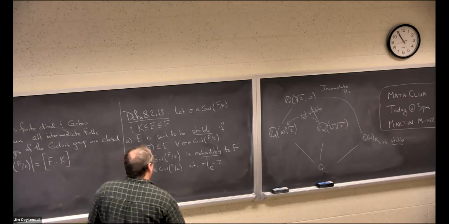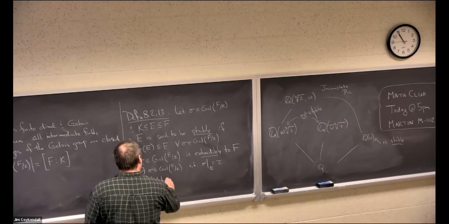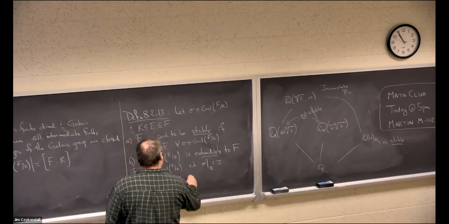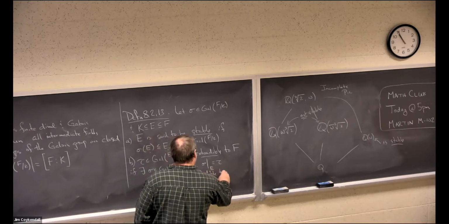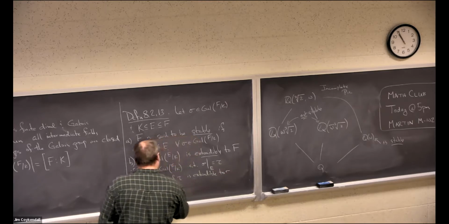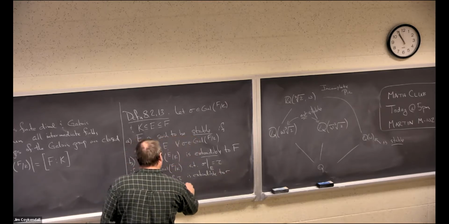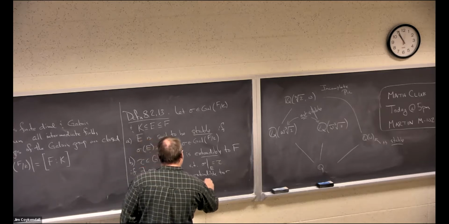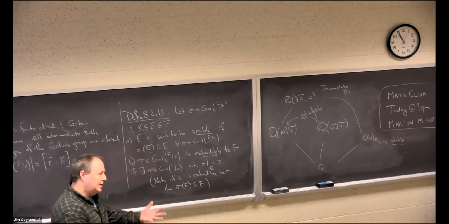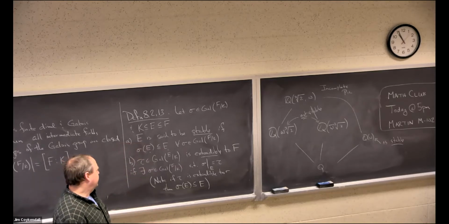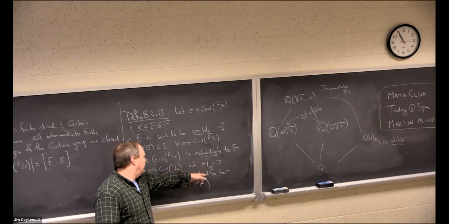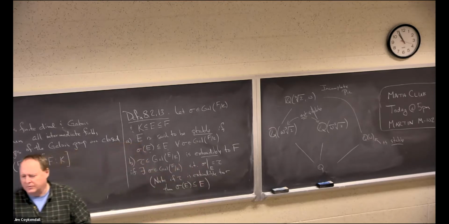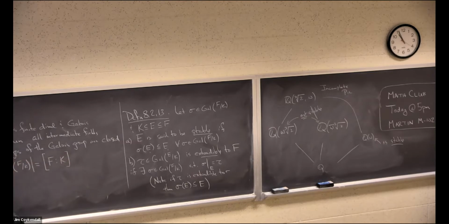Let me note, it's probably worth recording here, but note that if tau is extendable to sigma, then sigma of E is contained in E, just because by definition of what it means to be extendable, when you restrict sigma down to E, you get tau, so it's still inside there.